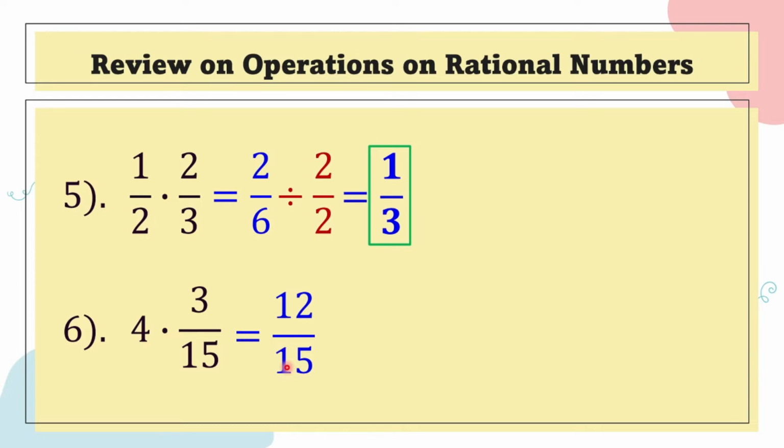Pero, kung mapapansin nyo, we can simplify this fraction by dividing numerator and denominator ng 3. Okay, so we have 12 divided by 3, that is 4. Then 15 divided by 3, that is 5. So the final answer is 4 over 5 or 4/5. Yun na yung mga iba't ibang operations sa fractions.